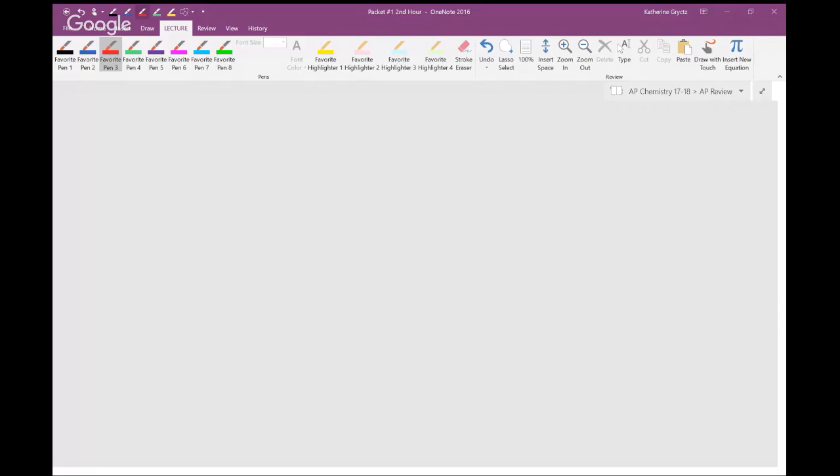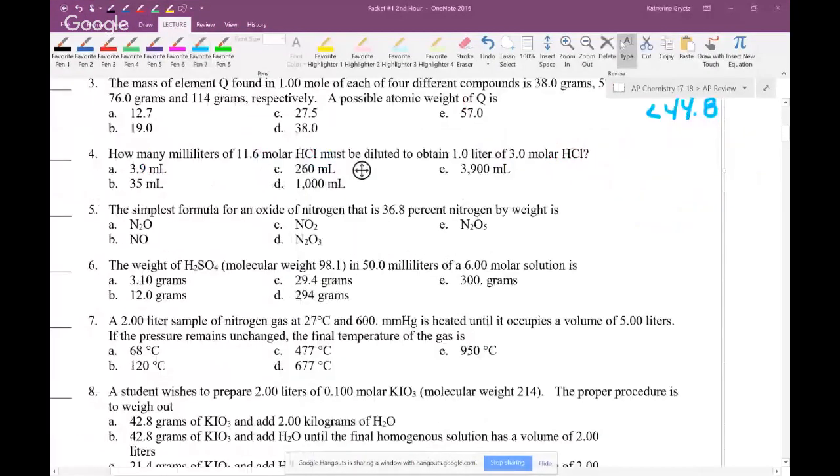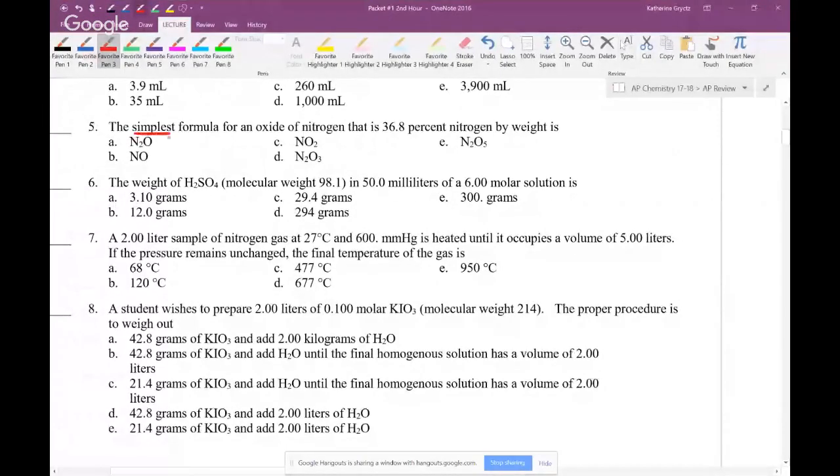So number 5. So simplest formula, you're looking for empirical again. An oxide of nitrogen tells you that you have oxygen and nitrogen in there.